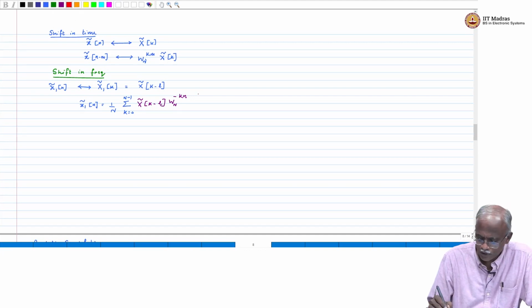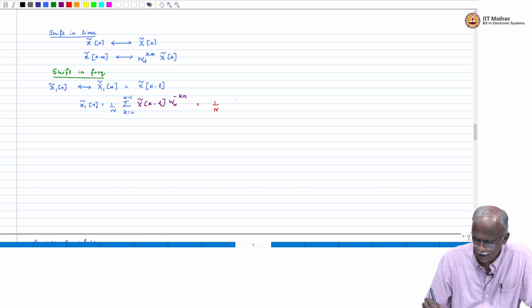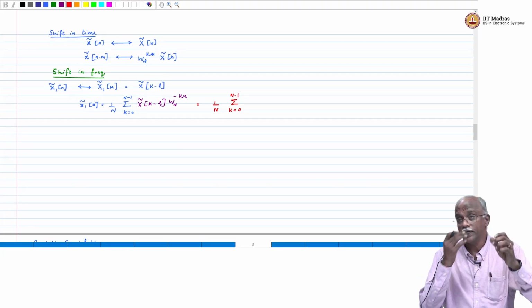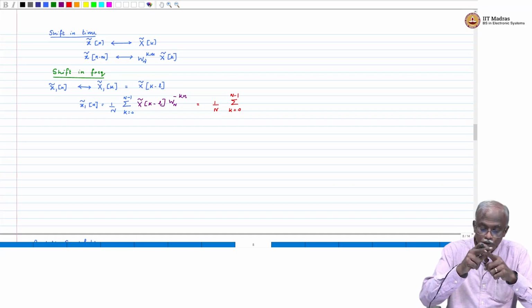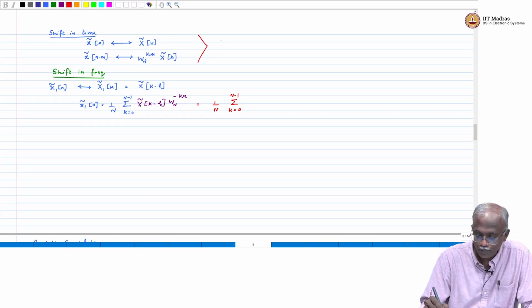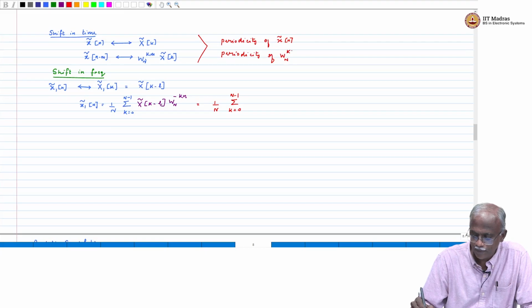So just one more step and then we will get the answer. We remember when we did the shift in time, we used two properties. One used the periodicity of x tilde of n. The other property that we used was periodicity of W_N^{km}.